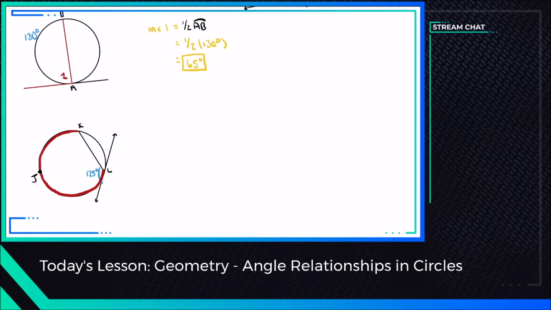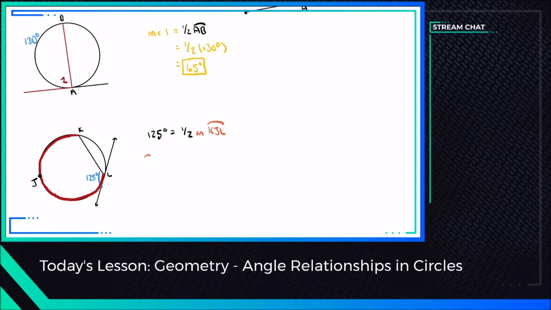We know that 125 degrees is equal to 1/2 of the measure of our larger arc, K J L. We're going to multiply by 2 on both sides. 2 times 125 degrees equals our measurement, which is 250 degrees. So, pretty straightforward process there.